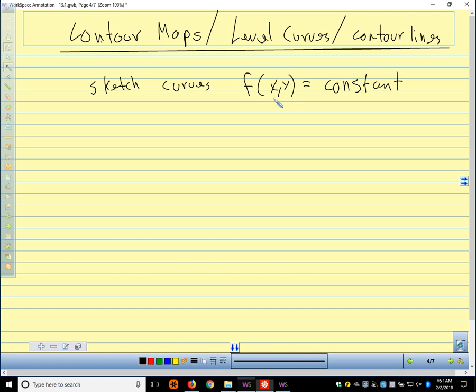And we draw those on a two-dimensional surface to get an idea of what the surface looks like.